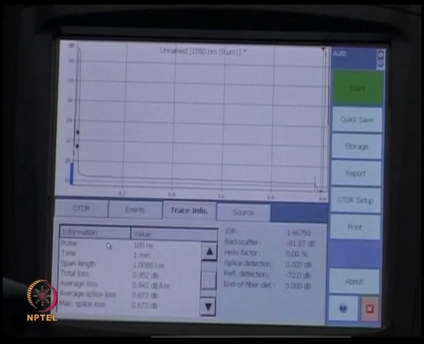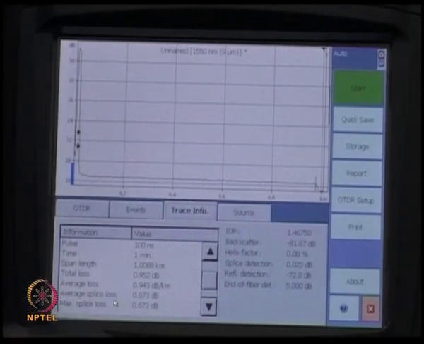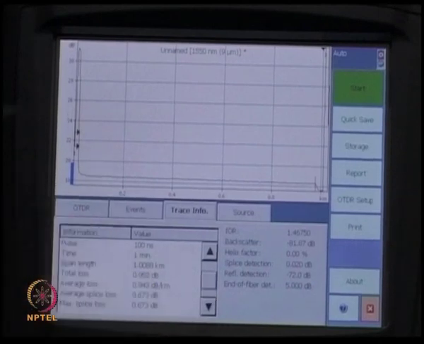These are various parameters which the OTDR uses for estimating the condition of the optical fiber.